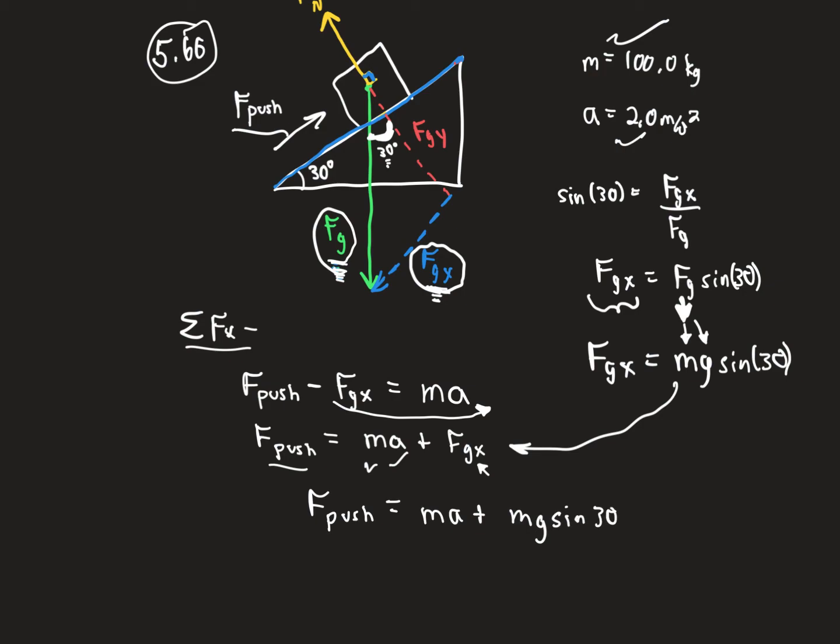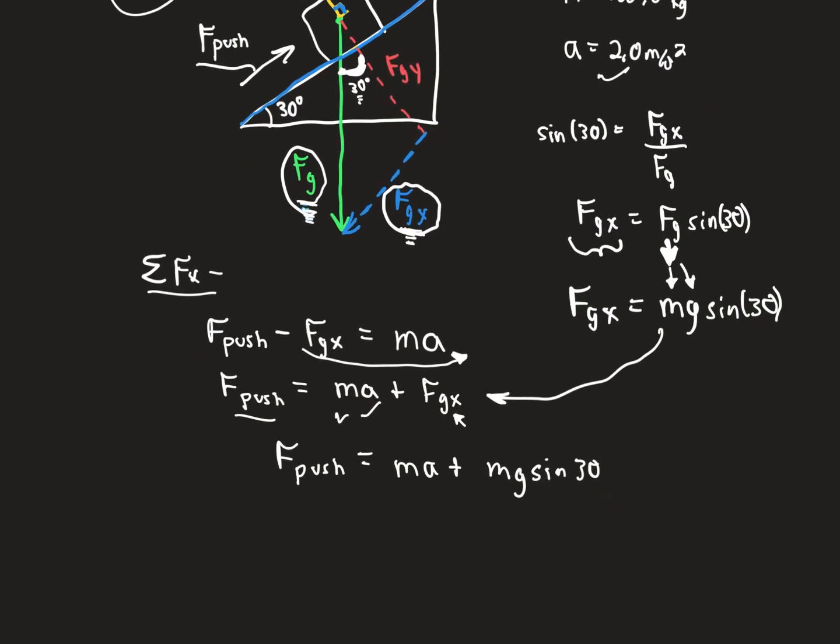And taking stock, I know all of these values. I can plug these values in. F push is now equal to 100 kilograms times the acceleration we were given of 2.0 meters per second squared, plus 100.0 kilograms times 9.8 meters per second squared, the acceleration due to gravity.